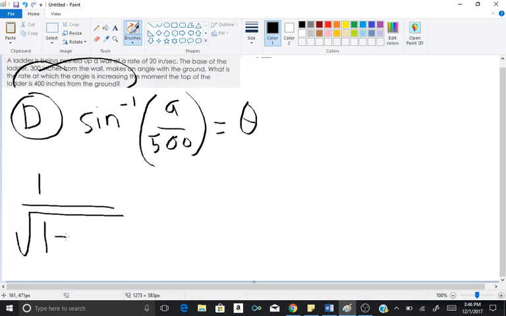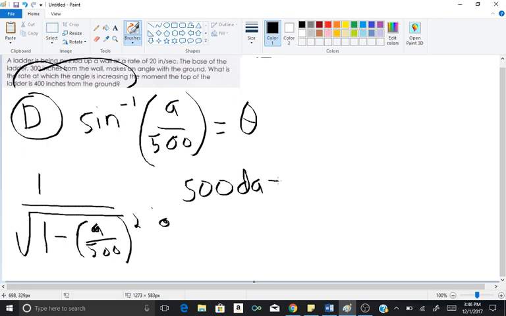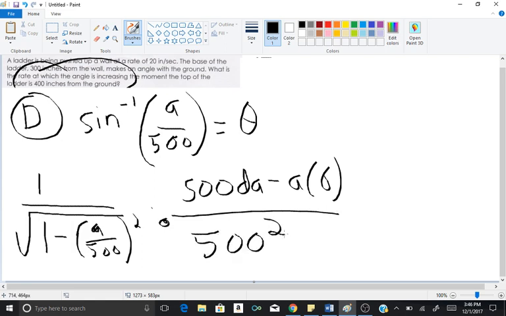And x squared in this case is a over 500, so we've got to square that, times the derivative of x. And so again, we're going to have to do quotient rule. So we got low, 500 d high dA, minus high, a d low, 0, over 500 squared. All right? Equals d theta.